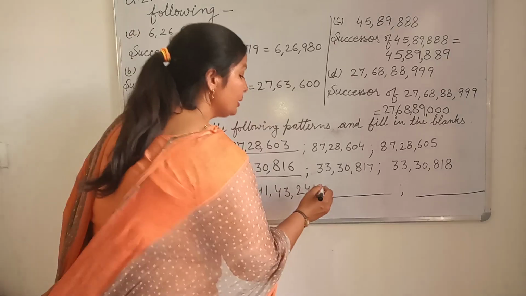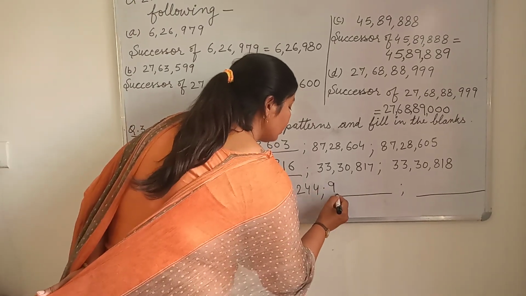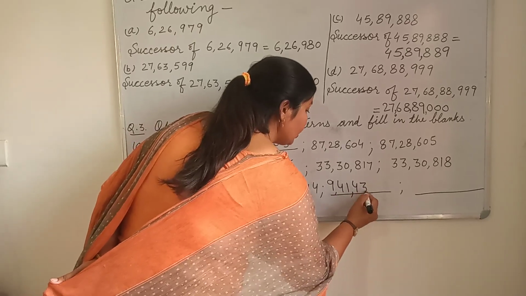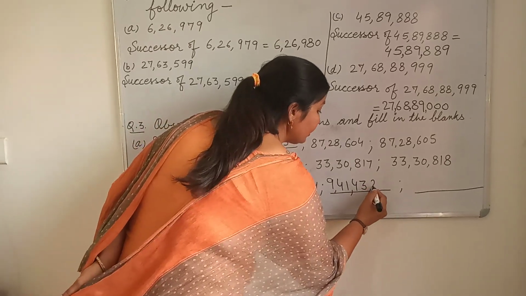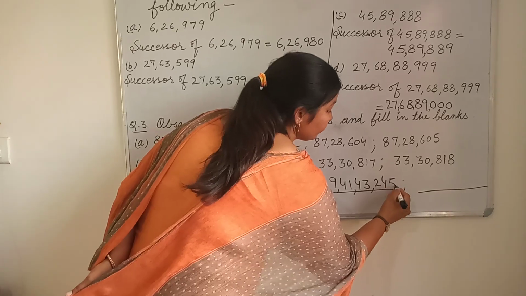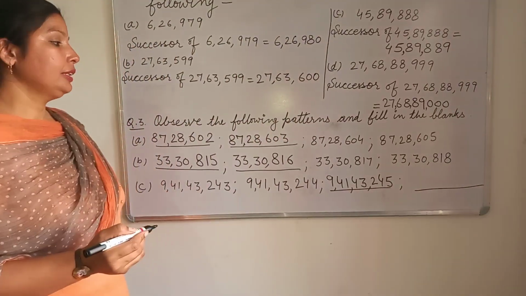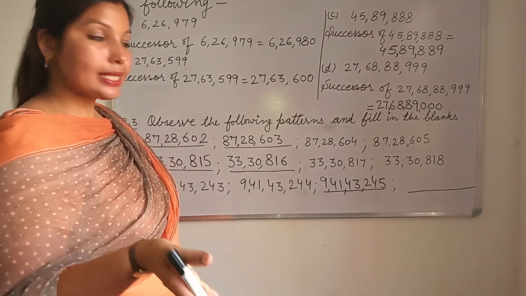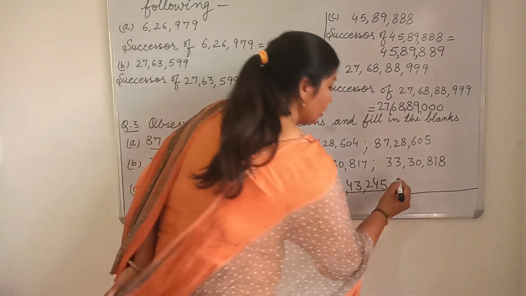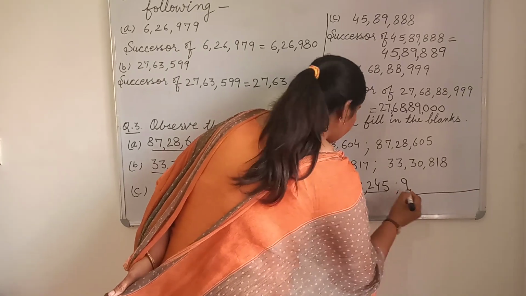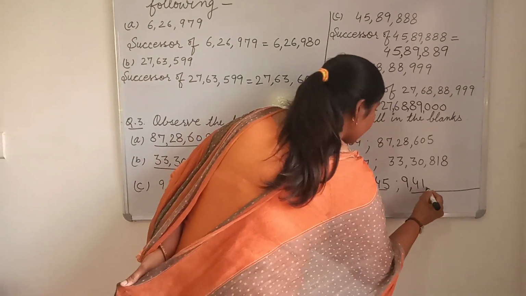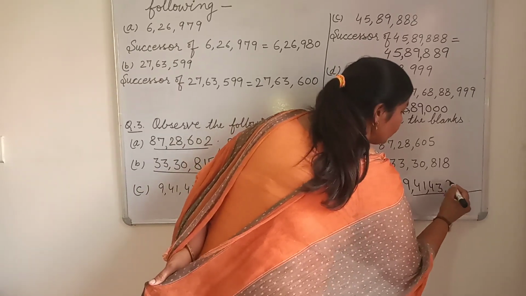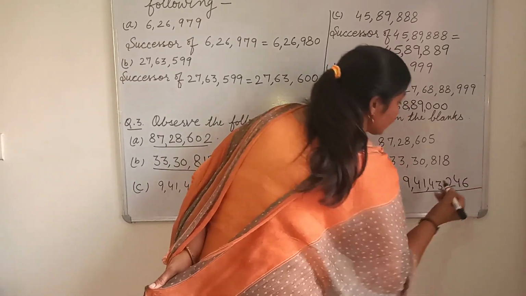So here we write 9 crore, 41 lakhs, 43,245. Okay. Now next 45 plus 1, 46. So now 9 crore, 41 lakhs, 43,246.